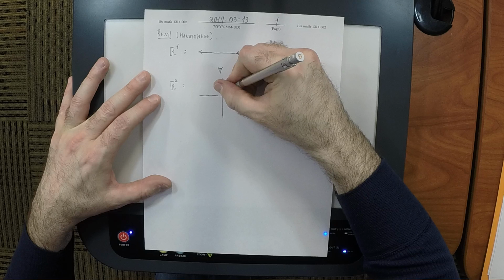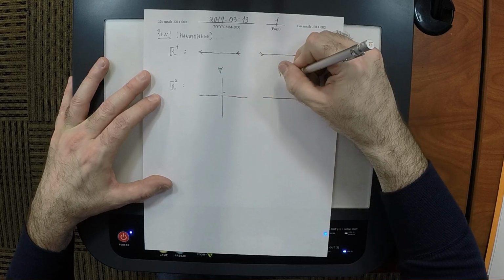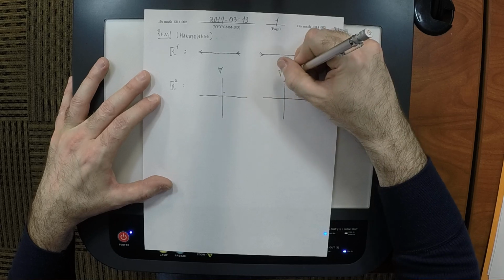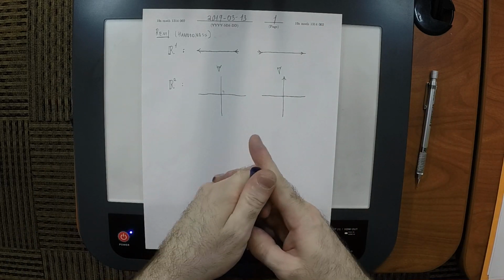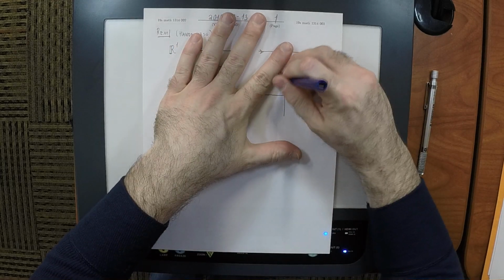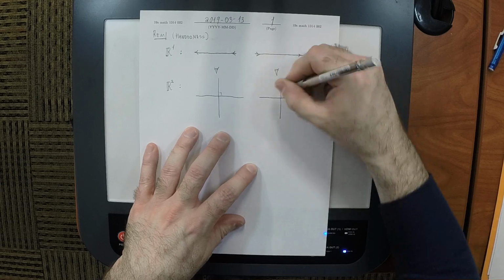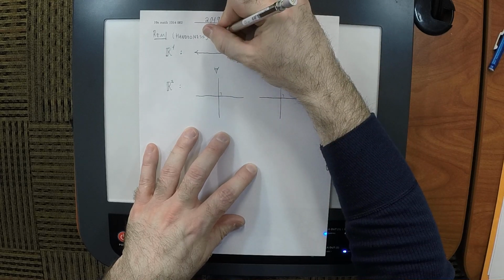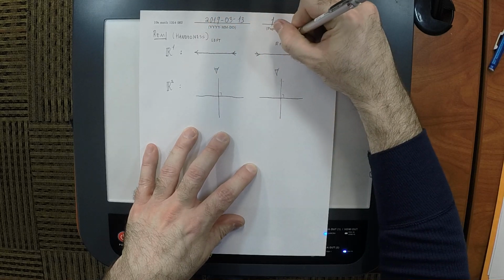Those are at right angles, and then we've got this one and this one. And so these are at right angles to each other, and this is the left and right.